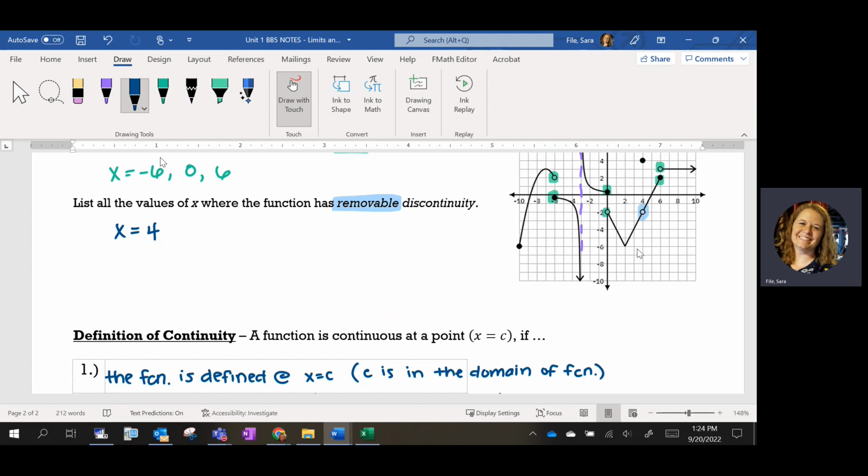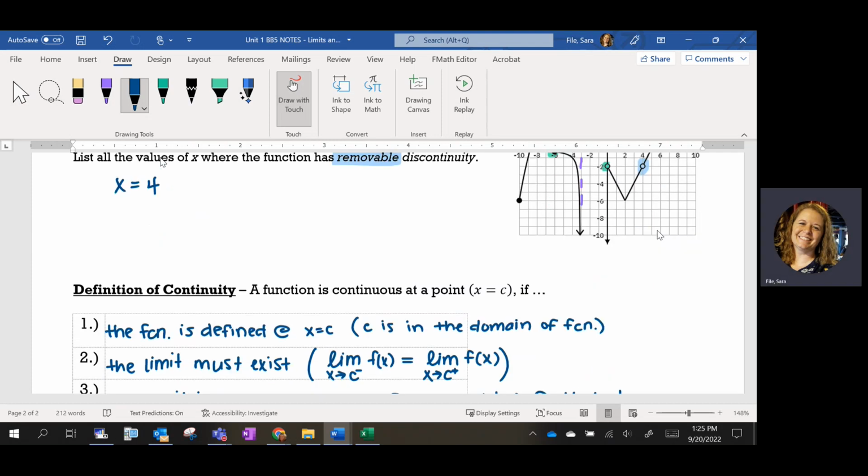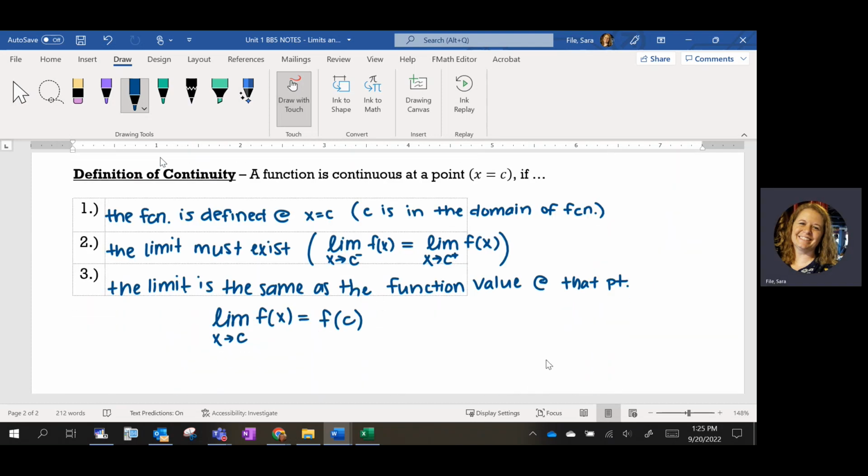Yes, because from the left the limit would be -2, and from the right it would be -2. So it meets the second condition. But this one fails the third condition because that limit is -2, but if we evaluate f of 4, we get 4. So those are not equal, which means it's not continuous, because there's a hole there. Does that make sense?